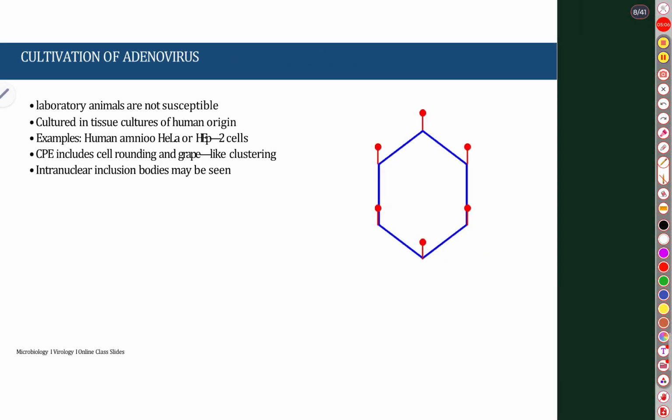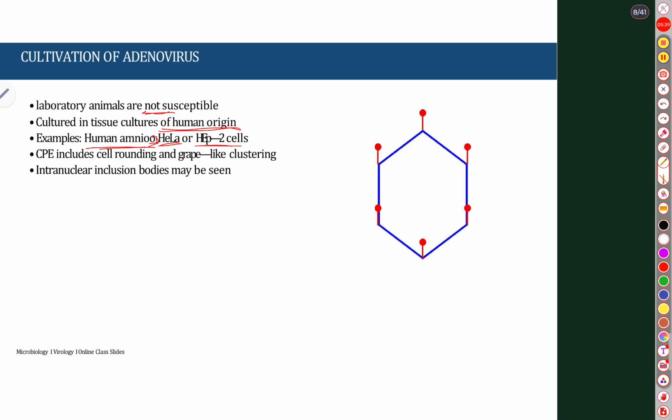Next, how can we cultivate the adenovirus, or what is the method of cultivation? First of all, laboratory animals are not susceptible. So it is cultured in tissue cultures of human origin, like human amnion, HeLa or HEP2 cells.